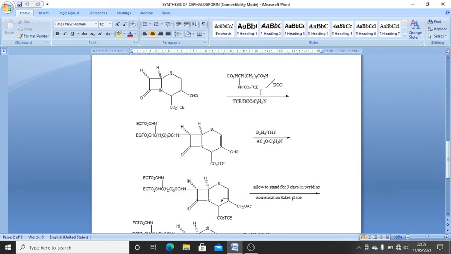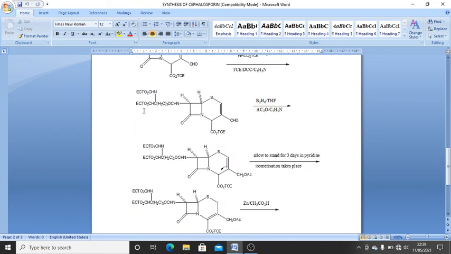What happens in this particular step is, onto this 4-membered ring, this long chain gets introduced along with the protection. Further, after being introduced onto the 4-membered ring, there is the presence of an aldehyde.